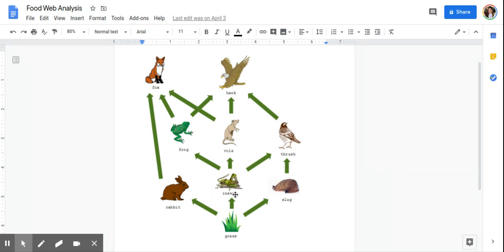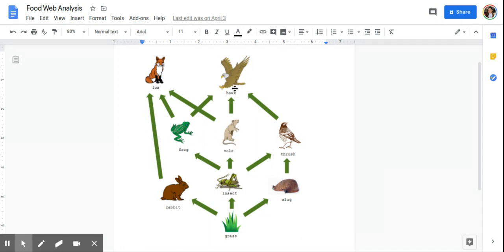Now I want you to start thinking critically here. Let's say this grasshopper species is going to go extinct, right? What that's going to result in is this rat, or this vole, I believe it's called in this model, is going to really start struggling because that's their main source of energy. If their main source of energy is gone, this population is going to decrease, right?